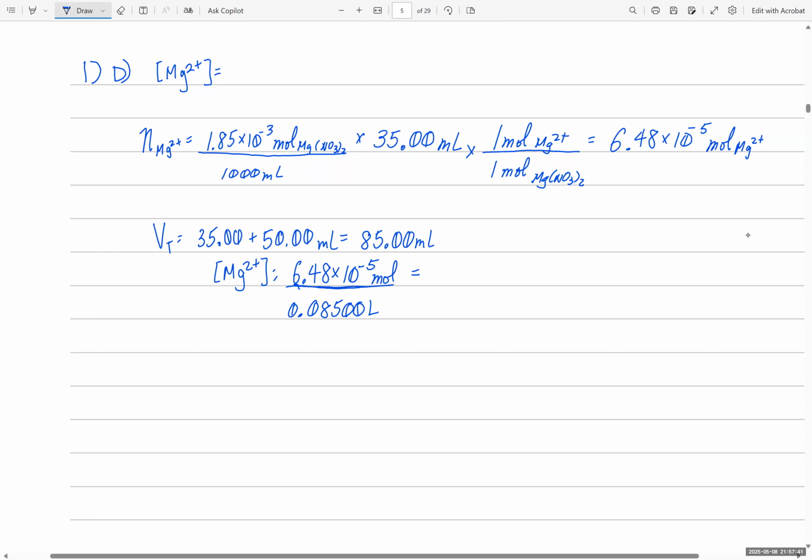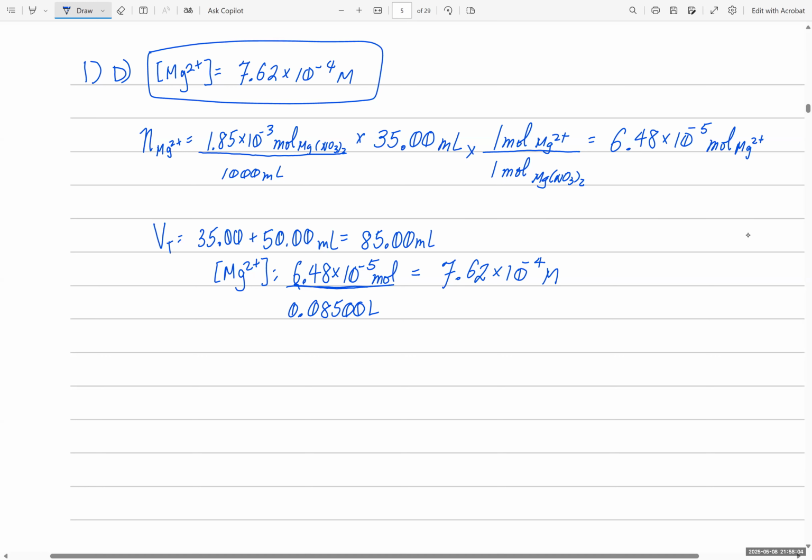And what does that come out to? That gives you 7.62 times 10 to the minus 4 molar. So that's 7.62 times 10 to the minus 4 molar. Do that so the reader knows where to go.